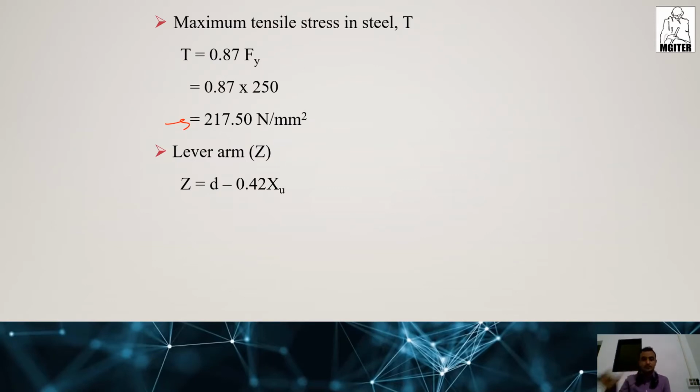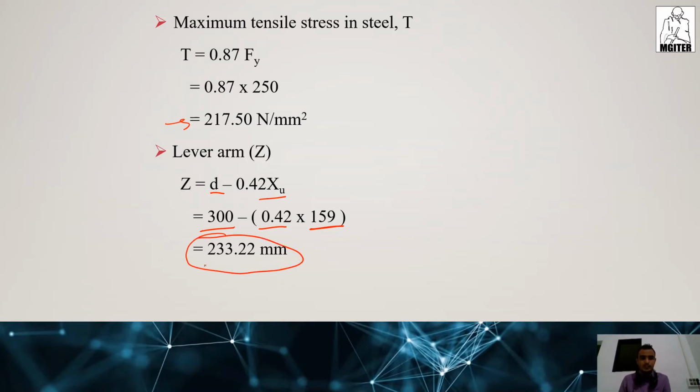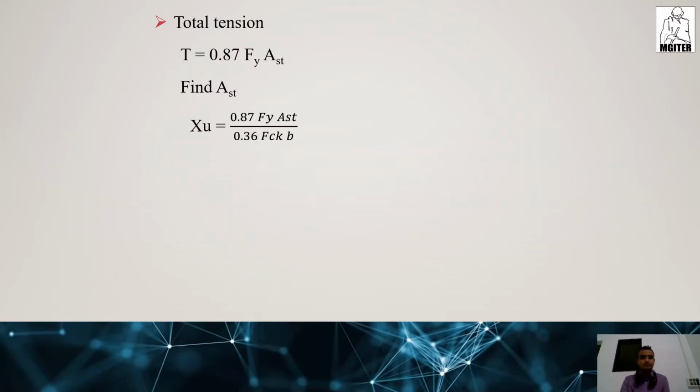Then the lever arm has the equation d minus 0.42 xu. d is the effective depth, 300, and xu we found as the neutral axis depth, 159. So the lever arm is 233.22 mm. Lever arm means the distance between the resultant compression and the resultant tension.